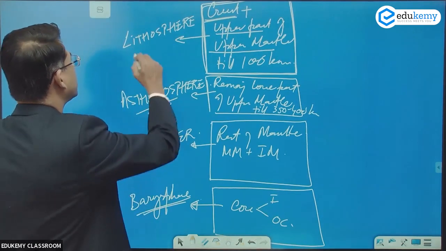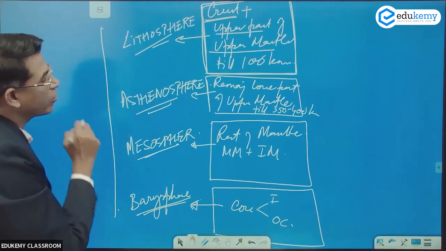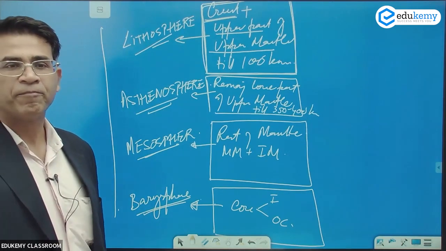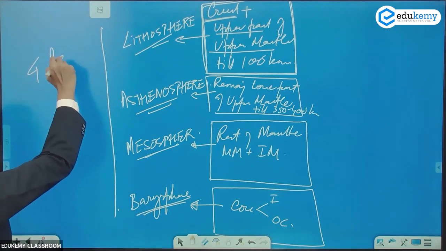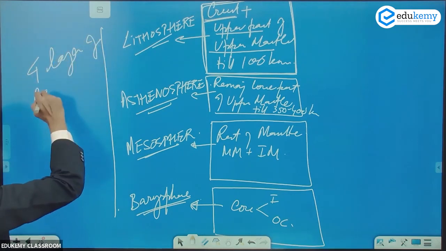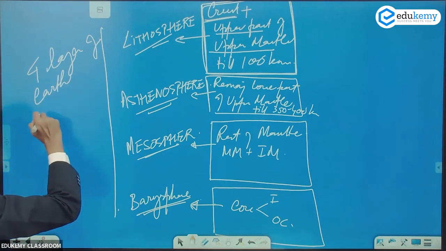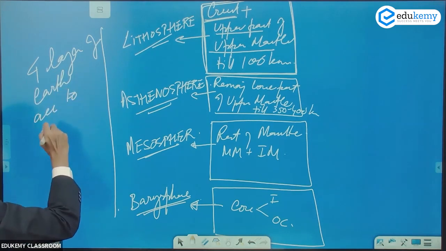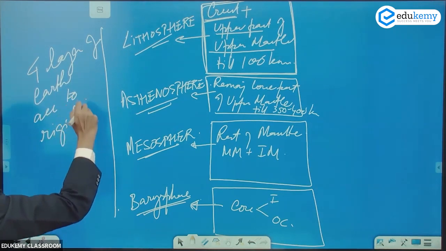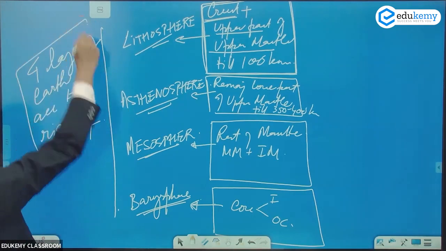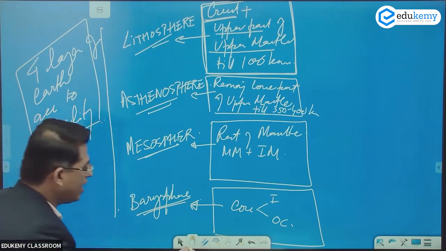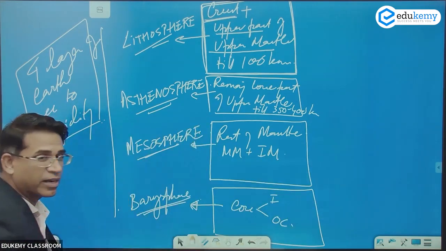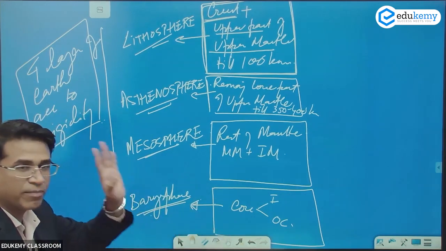These are the 4 layers of Earth according to rigidity. Okay, the asthenosphere, the lithosphere, the mesosphere, and the barysphere. So barysphere is nothing but the core.